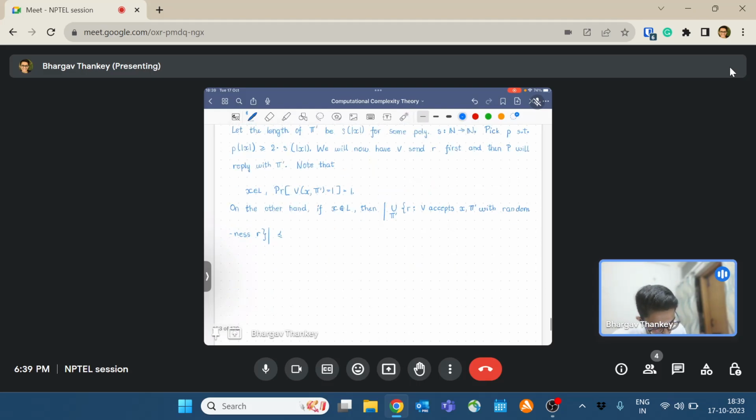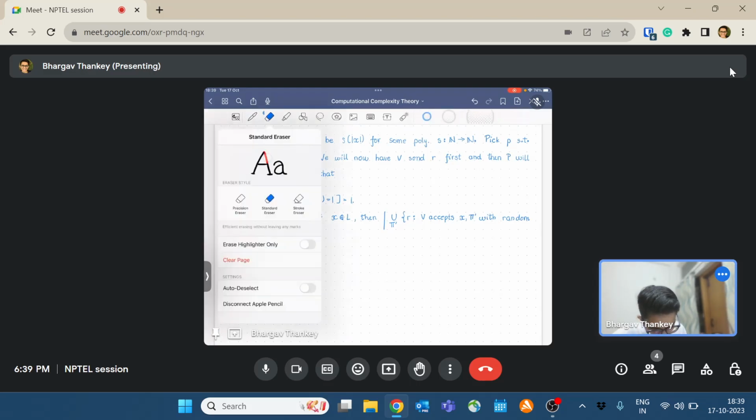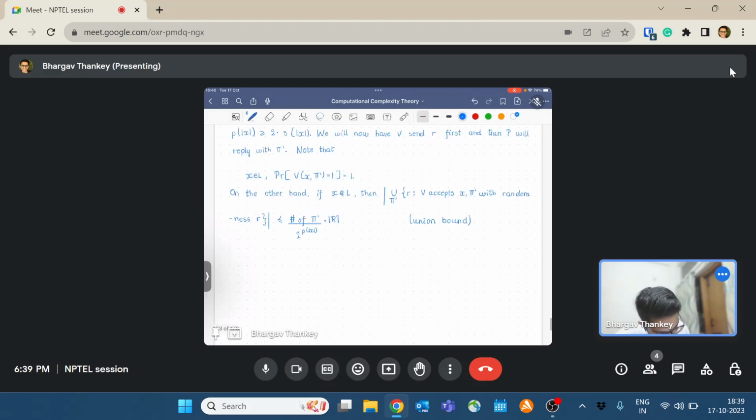So for all pi primes, it's the number of pi primes divided by 2 to the p. Yeah, so this is the union bound, right? Times the size of all the random strings. So let me just define this over here quickly.